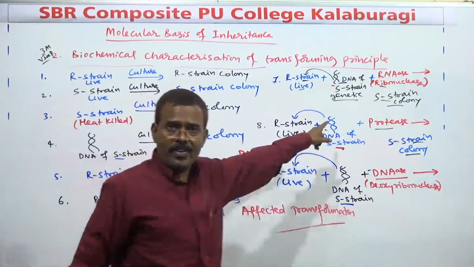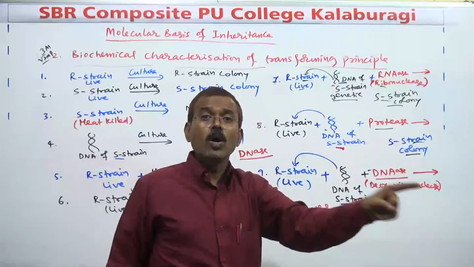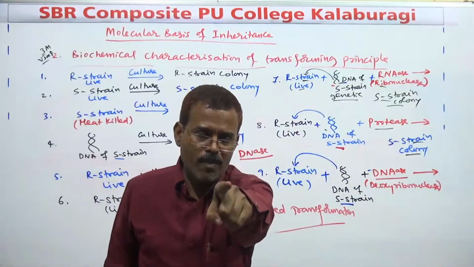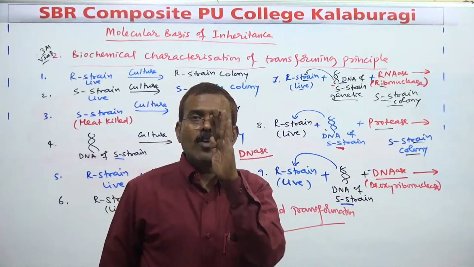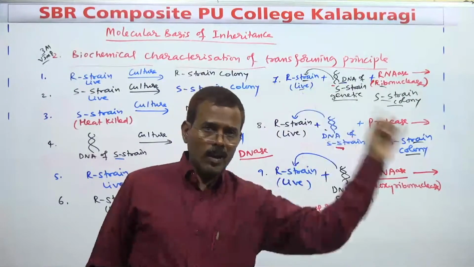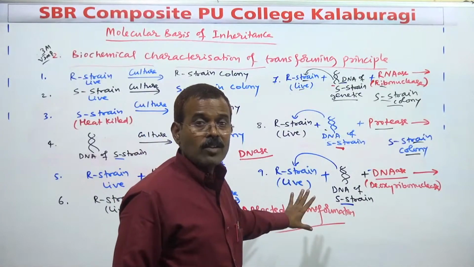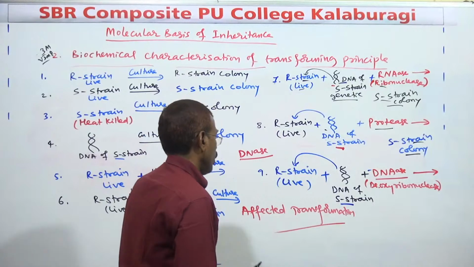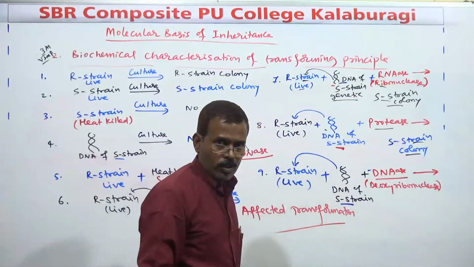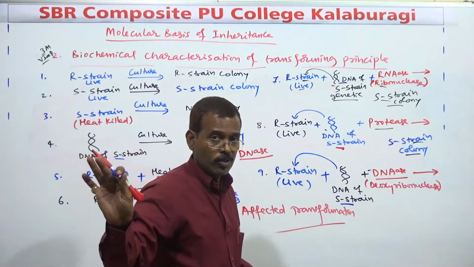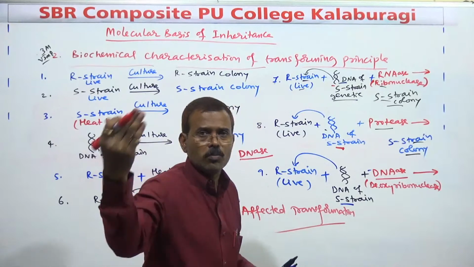Earlier, the addition of ribonuclease enzyme and protease enzyme could not affect transformation, meaning they could not stop the conversion of rough strain into smooth strain. But here, that could not happen. So what happened here? Smooth strain colony was not produced. Smooth strain colony was not produced. So no transformation of rough strain into smooth strain.